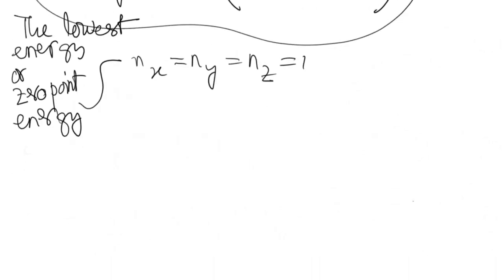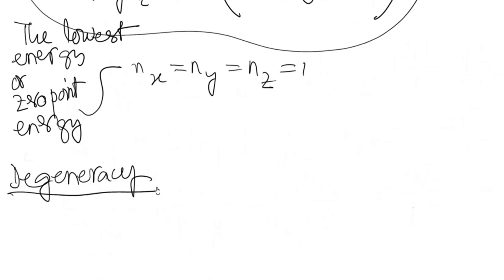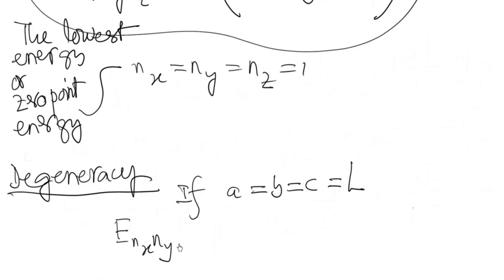Now we define a term that is known as degeneracy. What is degeneracy? In case of a particle in a three-dimensional box, if sides are equal, if A equal to B equal to C equal to say L, then the total energy E nx ny nz will become this.